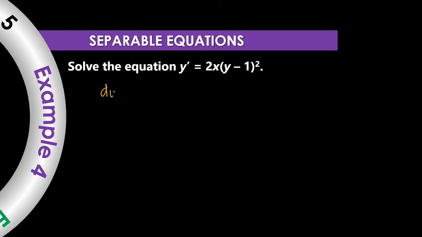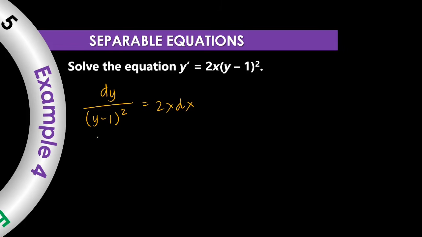So our equation can be rewritten this way: dy over y minus 1 squared, and then that's equal to 2x dx. And now we can integrate.